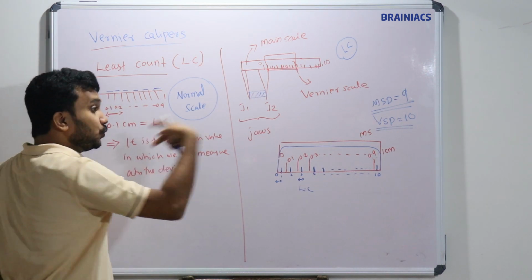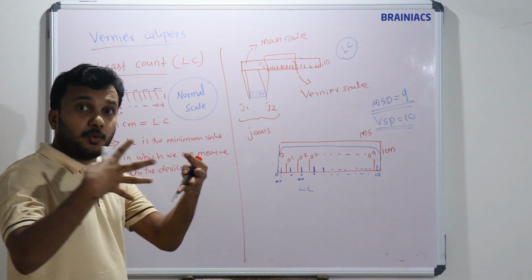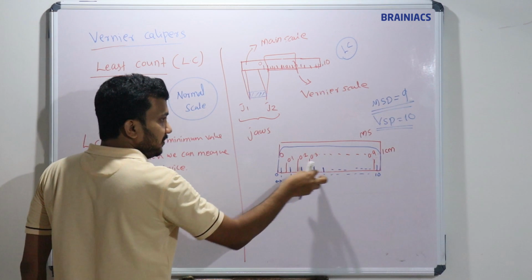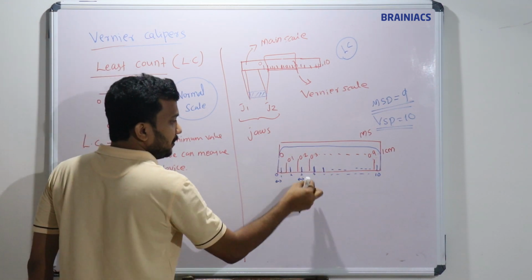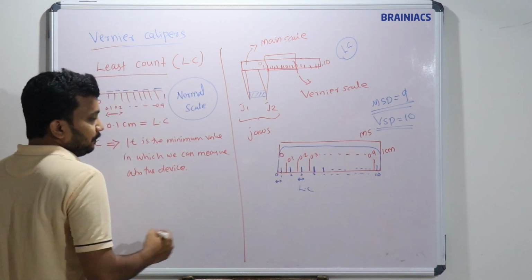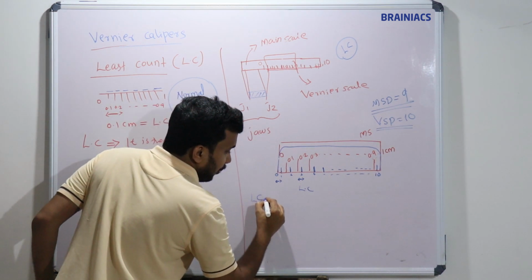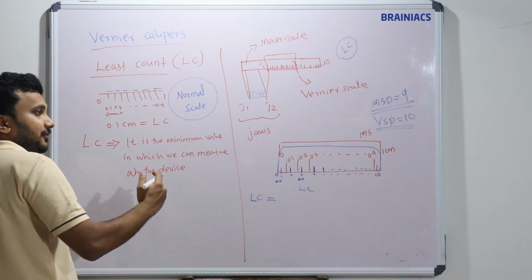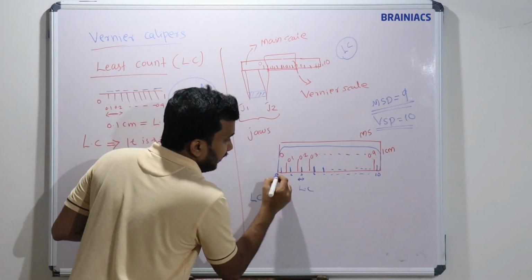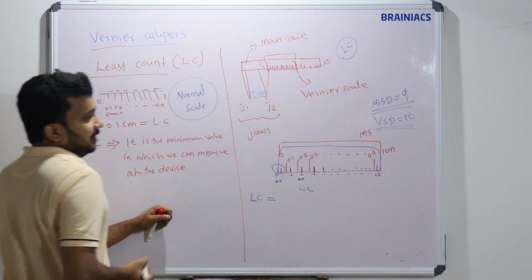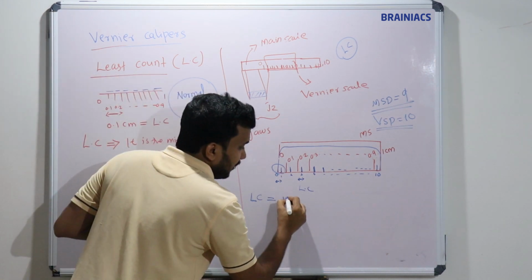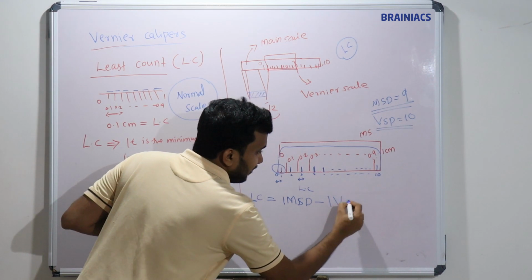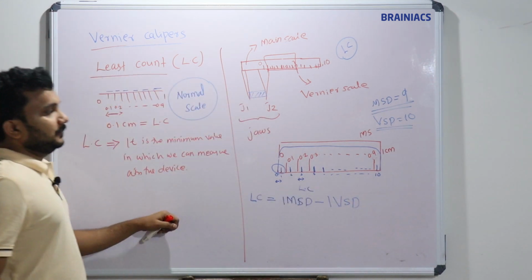But here we have two scales overlapped on each other, so mismatches happen between these points, and each gap is called least count. So least count equals the difference: if we take this area, 1 main scale division minus 1 vernier scale division.